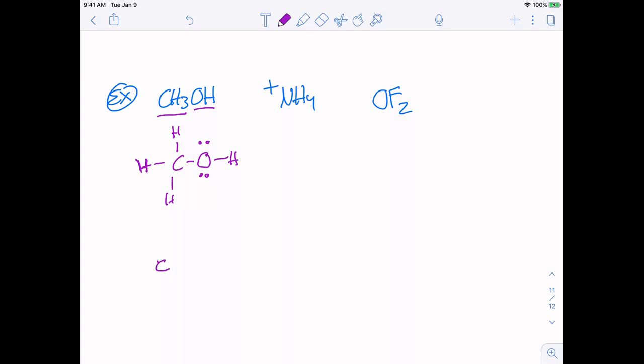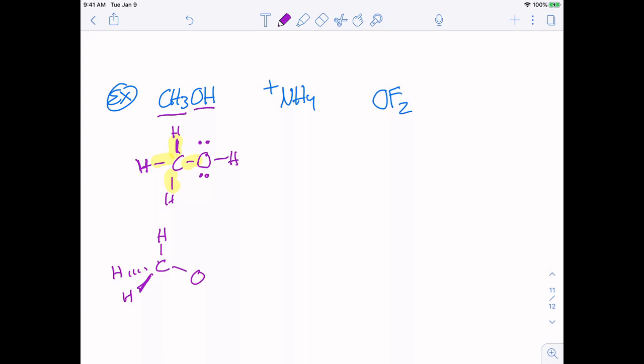Drawing its shape, because it has 2 central atoms, you actually look at them separately. So the CH3 group, it has 4 bonds, right? 4 electron groups. Let me just highlight them. 1, 2, 3, 4. So it's tetrahedral. And it's going to that oxygen. So if I'm just looking at the carbon, that's its tetrahedron.